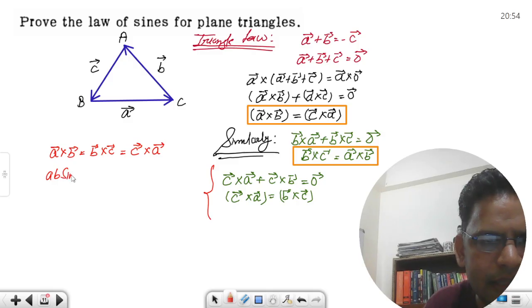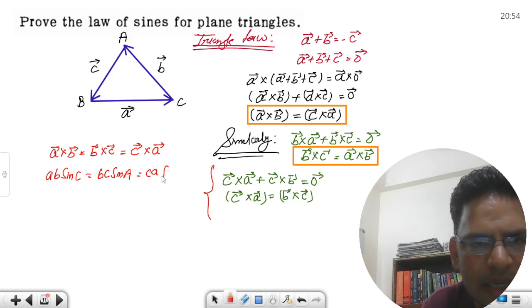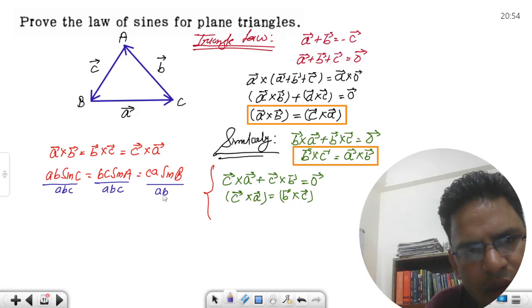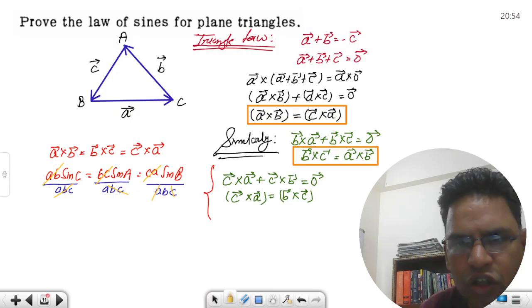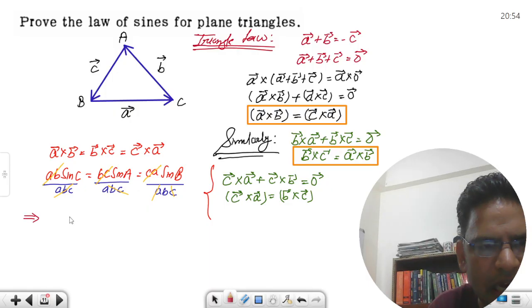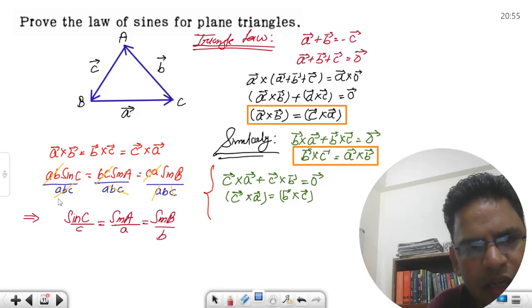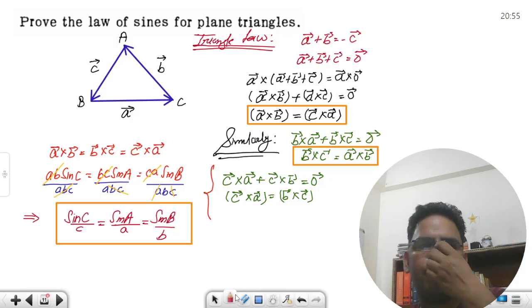Sin C. Similarly, you are going to get bc sin A, ca sin B. Now if I divide this whole equation by abc, ab cancels with ab, bc with bc, ca with ca, so what remains is sin C divided by side c, sin A divided by side a, and sin B divided by side b. This is the sine rule, essentially we have proved it.